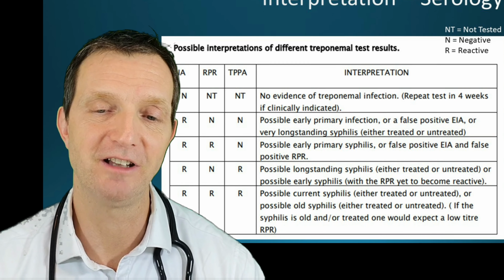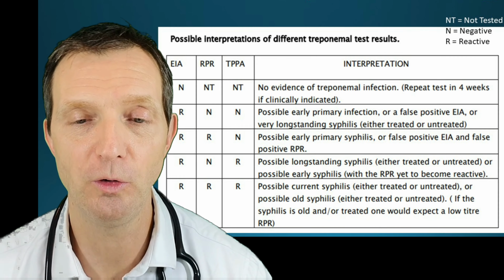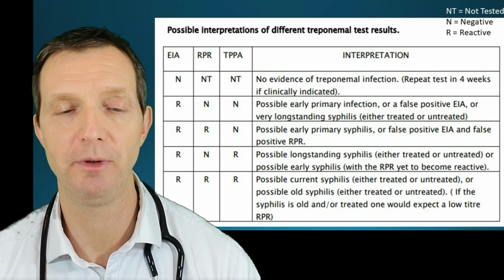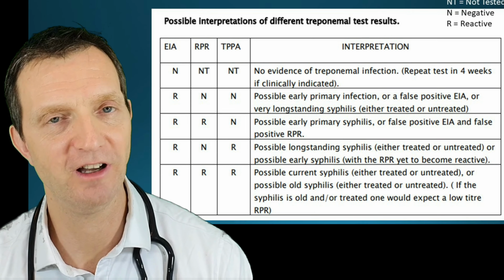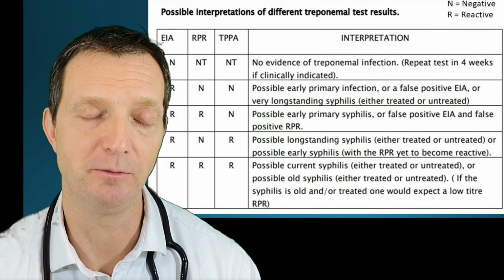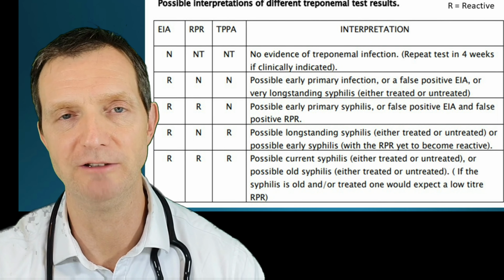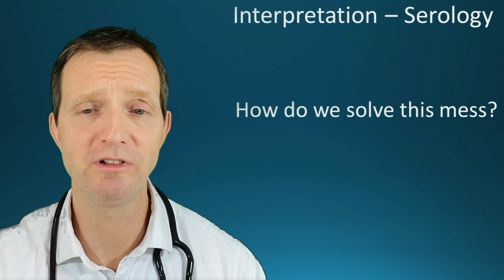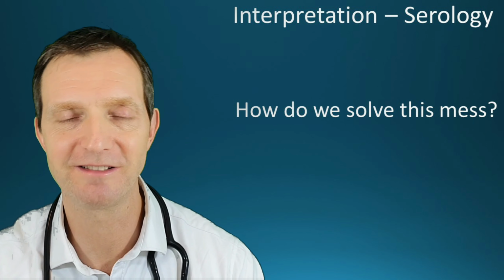But obviously, if the syphilis is old or treated, you would expect the RPR to be low. If the RPR is very high and they've never been treated for syphilis before, then you would obviously treat them. How do we resolve this complicated mess?